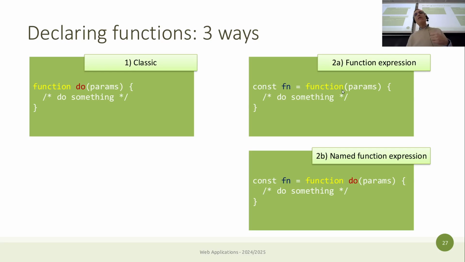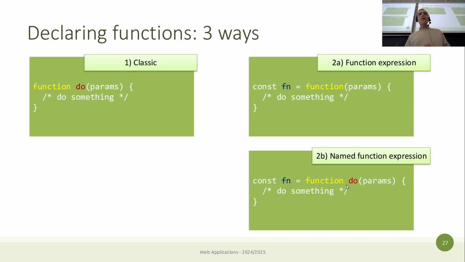So we define a function even without a name. Of course, without a name, if we do it here, we have no way of calling it. But if we assign the function to a variable, the variable is the reference to a function, and with this fn, we will be able to call the function. Fn with a rounded bracket, and then we call it.